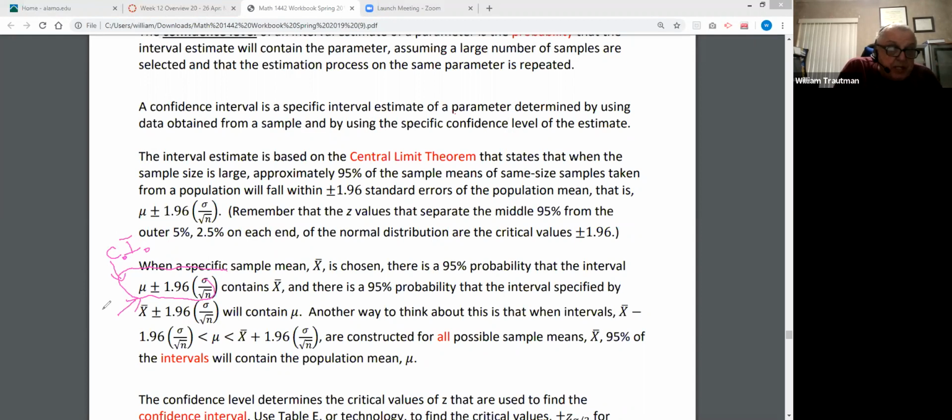That's the sample mean, or you just call it a mean. I'm sorry, this is the sample mean. This is the population mean. There's a standard deviation, and N is the number of samples, right? The number of samples.